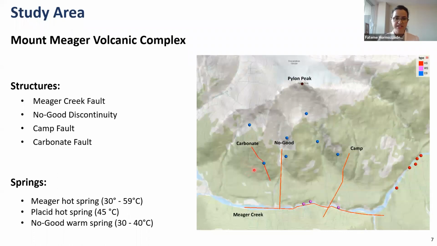There are thermal springs available there, which suggest an active geothermal system. You can see the location of the main hot springs, warm springs, and cold springs in the area. And the main structures that control the region are these four faults shown in this map: the Carbonate Fault, No Good Fault, Camp Fault, and Meager Creek Fault.